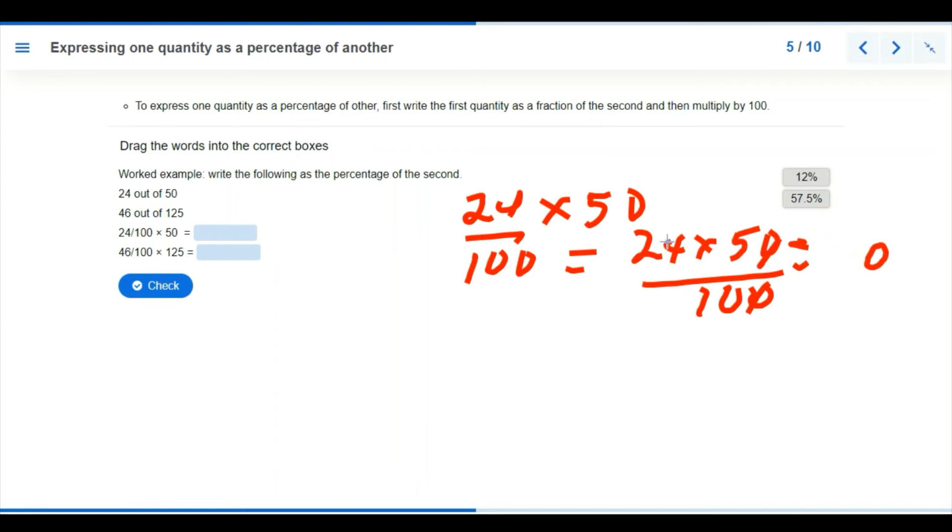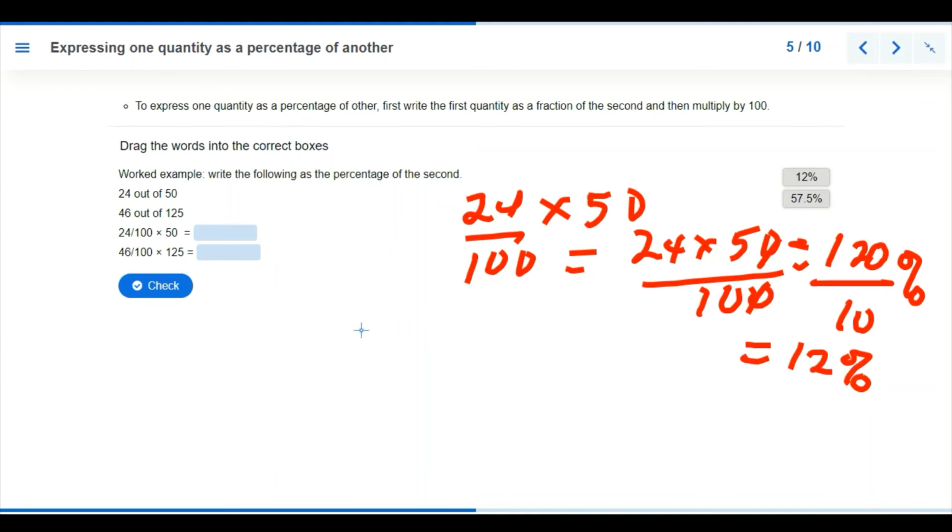We keep our 1. 5 times 2 is 10, plus the 2 that we have before. So that's going to be 120 over 10. Remember, we are rating in percentage. 10 can go into 120 how many times? That is 12 times. So 24 out of 50 is going to be what?